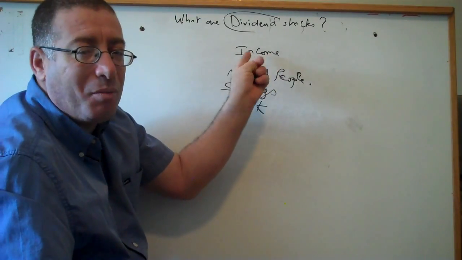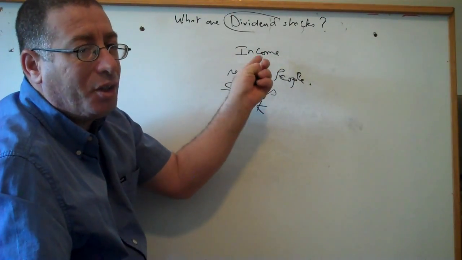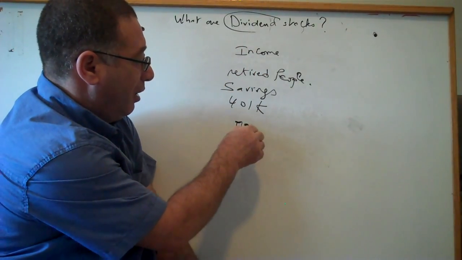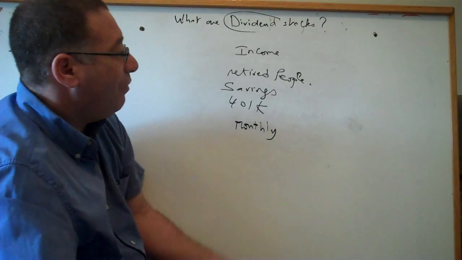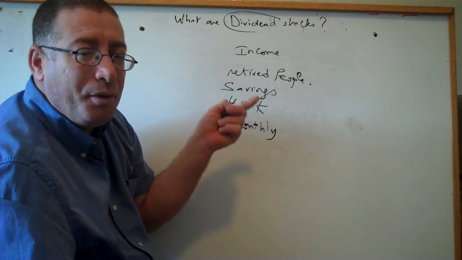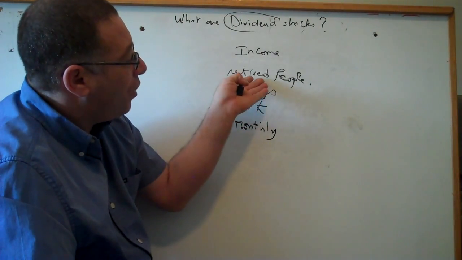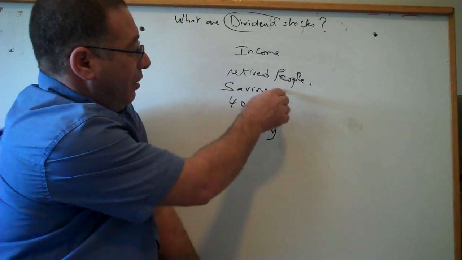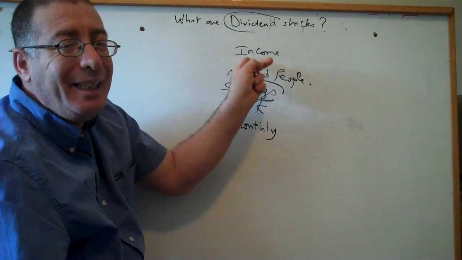Some stocks give monthly, not every 3 months like quarterly. So those retired people use their savings in order to generate an income.